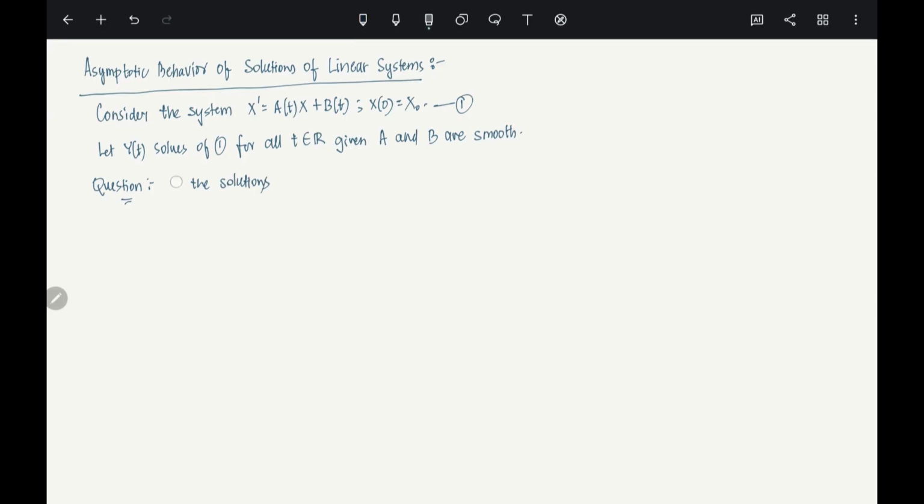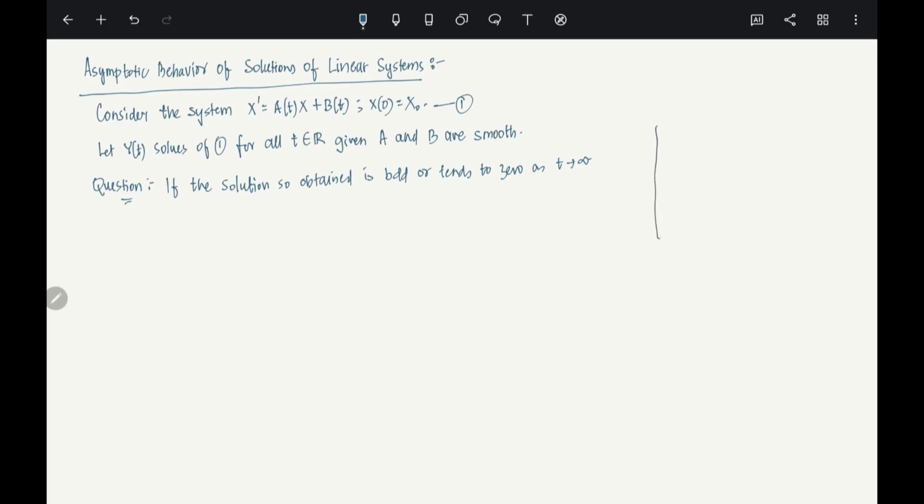So the question is, if the solution so obtained is bounded, or tends to 0 as t tends to infinity. Okay, so why t tends to infinity? That's the question. First of all, let us understand.